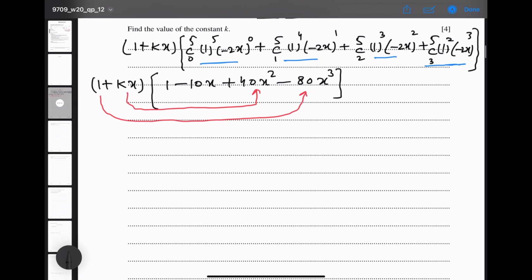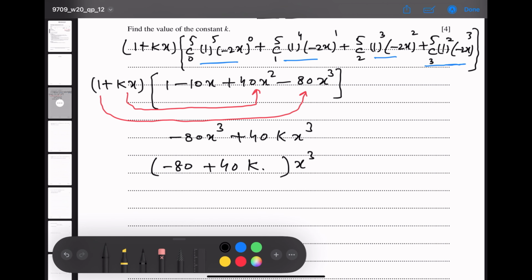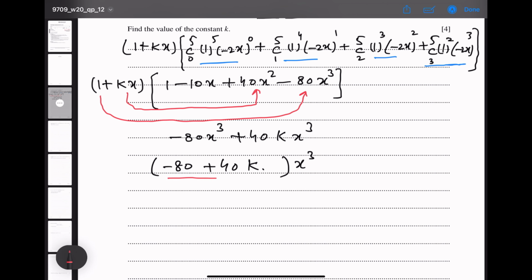This becomes 1 multiplied by minus 80x cube, that is minus 80x cube, and kx multiplied by 40x square, that is 40kx cube. Taking x cube as common, minus 80 plus 40k. So this is the coefficient of x cube.